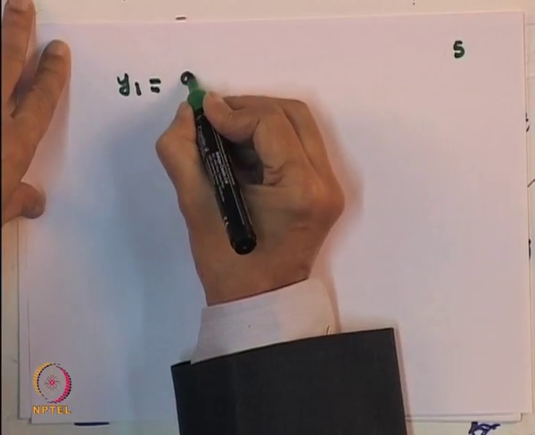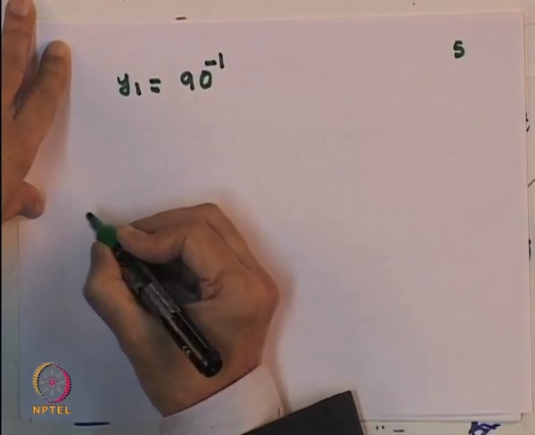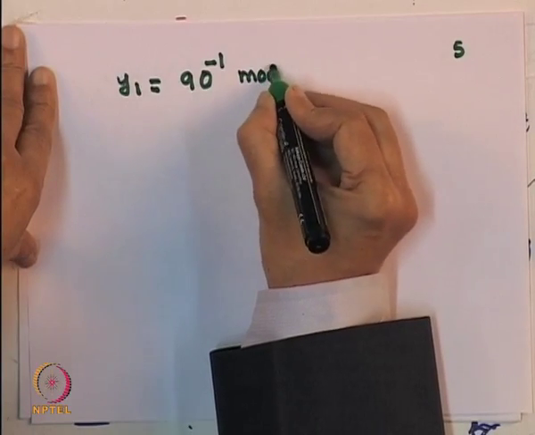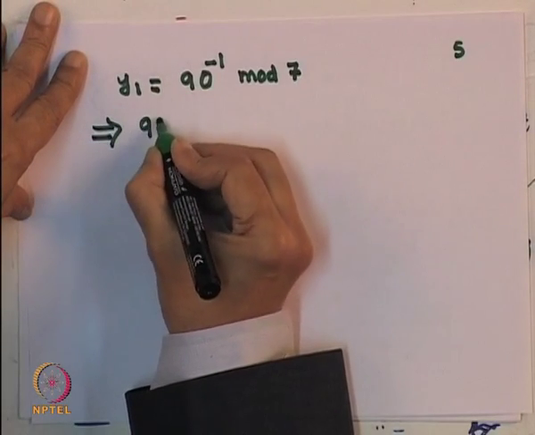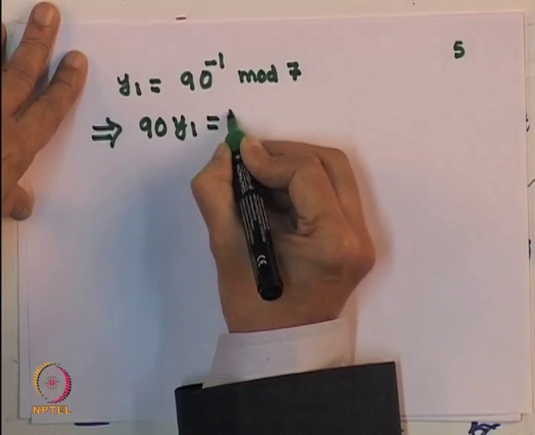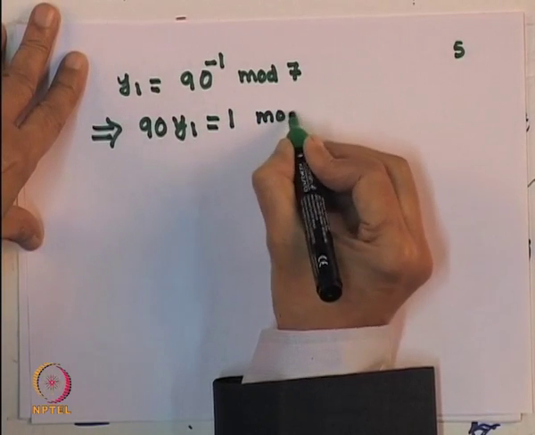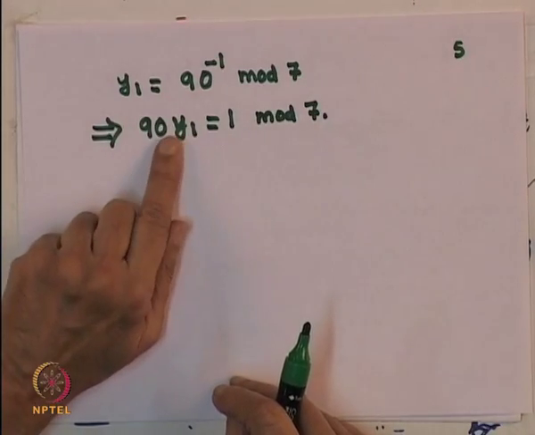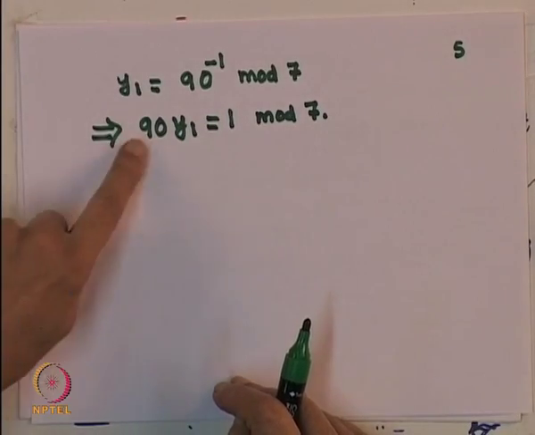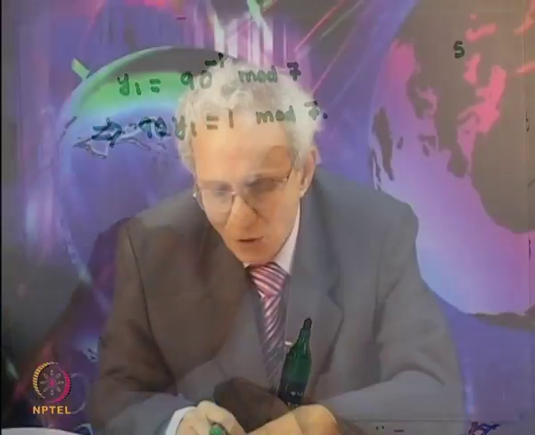So M1 was 90, so 90 inverse mod 7. How do I solve it? This simply implies 90 y1 equal to 1 mod 7. It's very easy by inspection because I have given you small numbers. Otherwise, even if you have to do a computation, it's not all that difficult to find out what this is. Actually, you know that 91 y1 would have been divisible by 7. So therefore, it turns out that this y1 is actually equal to 6.